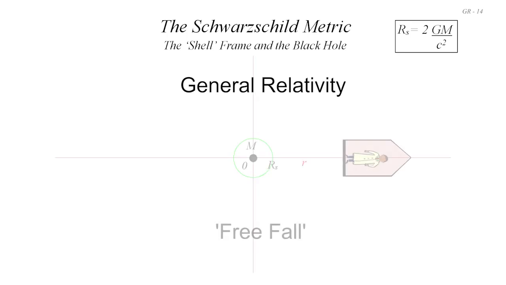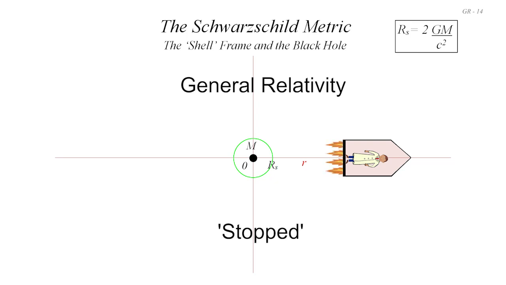When in free fall, the object is in an inertial frame. Yes, it may be travelling at some velocity relative to another observer, but as far as they are concerned, observers in the spaceship which is falling are at rest. On the other hand, when they are on the shell or in a stationary hovering spaceship, they are considered, by general relativity, to be accelerating.